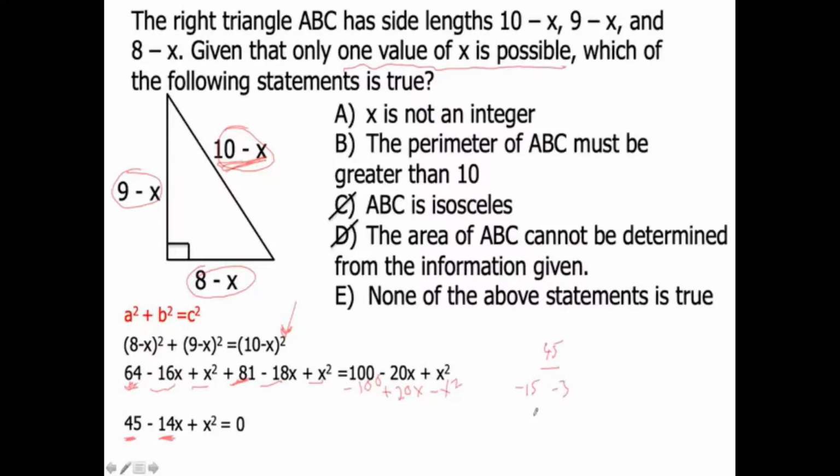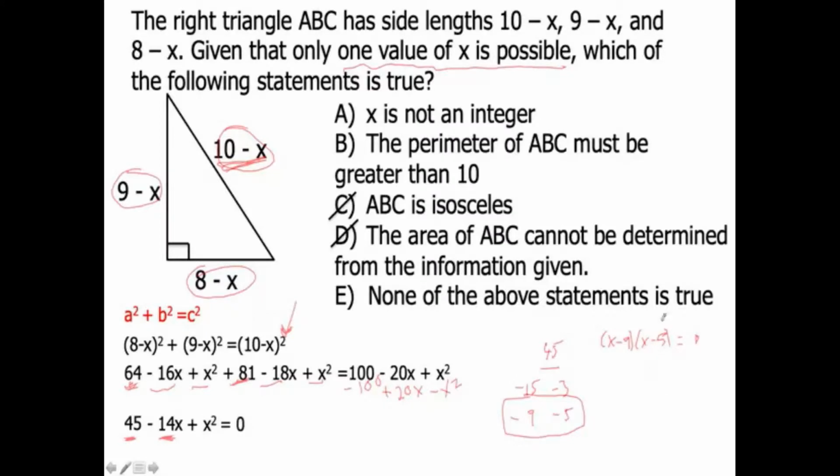Does that work? No, it doesn't add to negative 14. How about negative 9 and negative 5? Oh, there we go, right? Negative 9 plus negative 5 is negative 14, and those two multiply to 45. So I can then write this in the factored form, x minus 9 times x minus 5 equals 0.